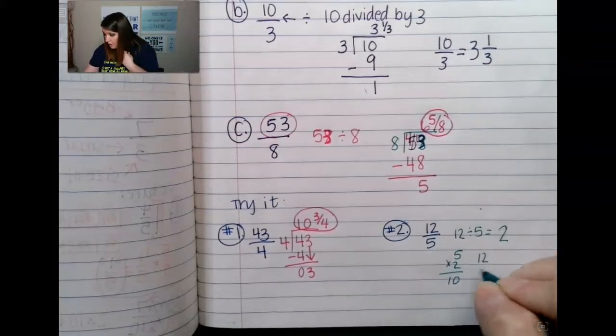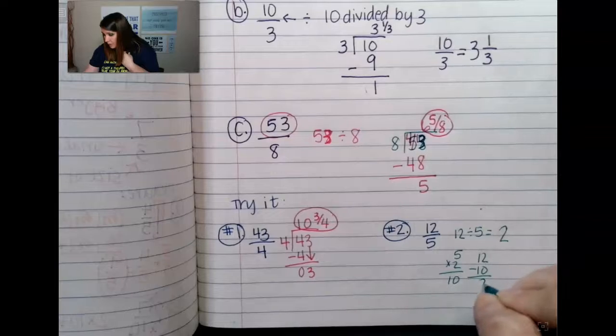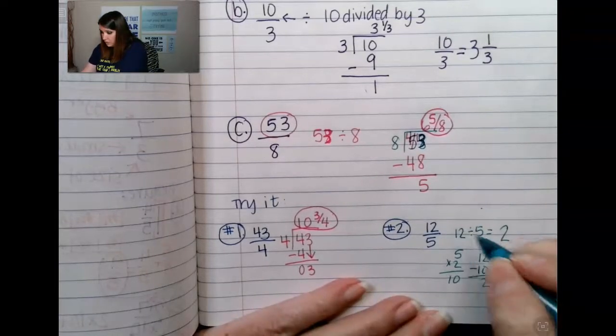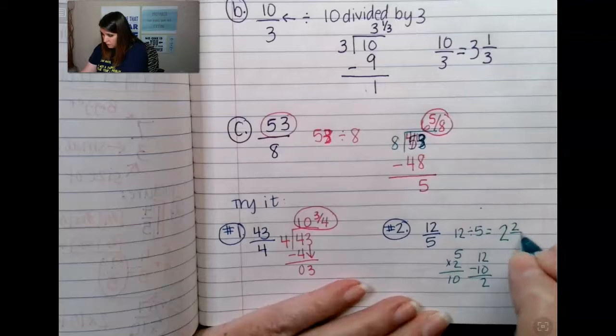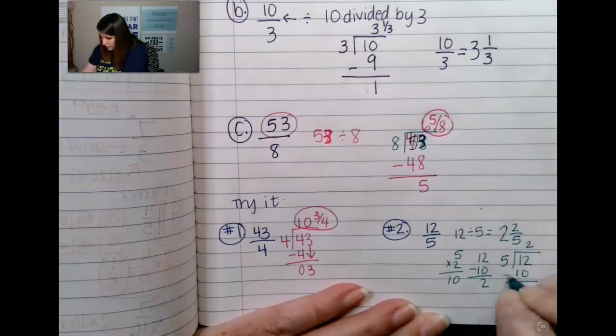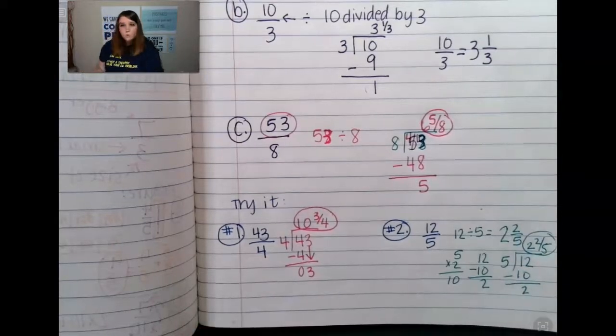And 12 minus 10 gives me 2 left over. 2 over 5. You could have also solved it like this. And that gives me this. Subtract. 2 fifths. 2 and 2 fifths. How did you do? 2 and 2 fifths.